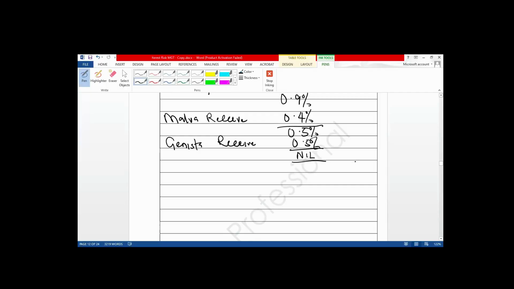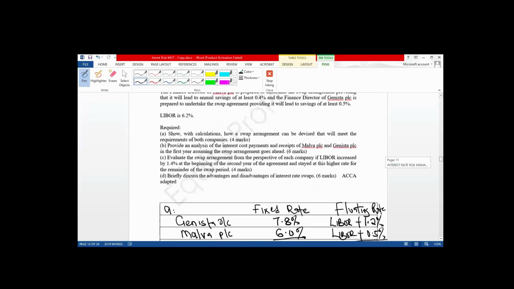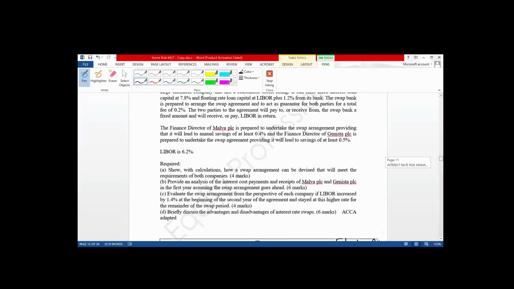That means it is possible to devise a swap arrangement that will meet the requirement of both companies. Look at it. The finance director of MAVA is prepared to undertake swap provided it will lead to annual savings of at least 0.4. While the director of Genista said he is prepared to undertake swap, provided it leads to savings of at least 0.5.